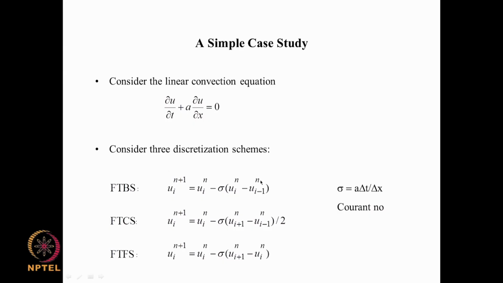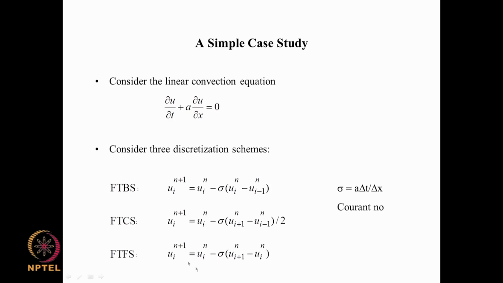So, if we can demonstrate that the FTBS scheme is both consistent and stable, then we can expect that the solution that we get by following through with this FTBS scheme is going to be a convergent solution. Similarly, with the FTCS scheme and FTFS scheme, or with any other way of approximating the derivatives, because these are only 3 different ways.